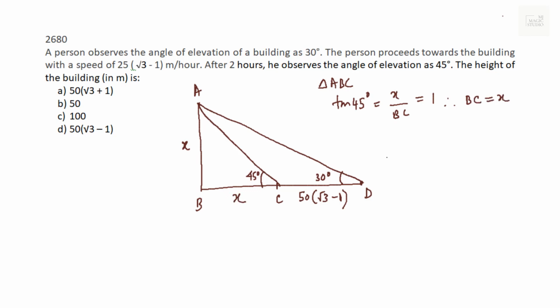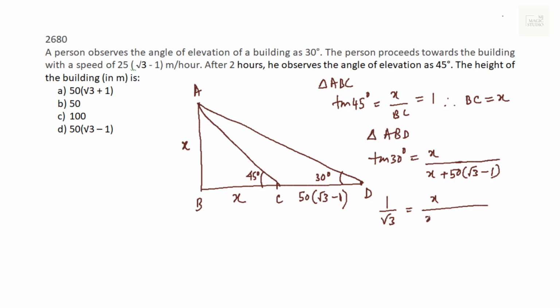Again in triangle ABD, tan 30 degrees equals perpendicular AB, x, by base BD, that is x plus 50 into root 3 minus 1. Now we know that tan 30 is 1 by root 3. Then 1 by root 3 equals x upon x plus 50 root 3 minus 50.